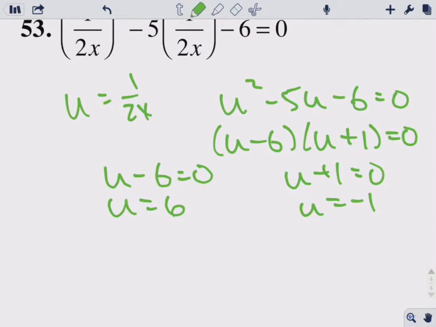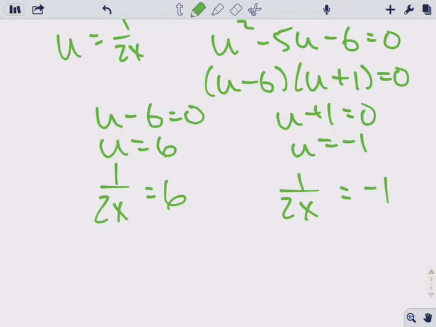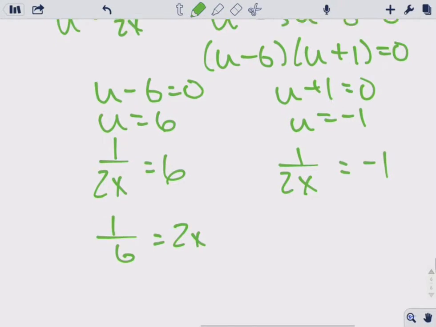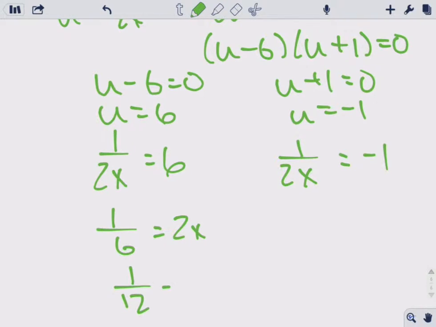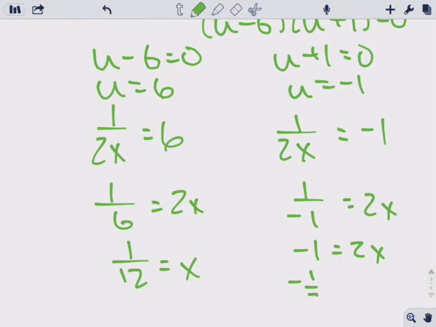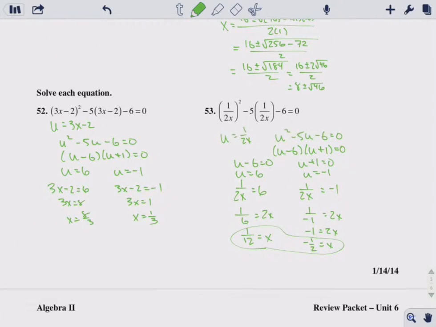So I get 1 over 2x is equal to 6, and 1 over 2x is equal to negative 1. That's the same thing. 1 over 6 is equal to 2x, so that's 1/12 is equal to x. And 1 over negative 1 is equal to 2x, or negative 1 is equal to 2x. So I get negative 1/2 is equal to x. And that's what I get for those.